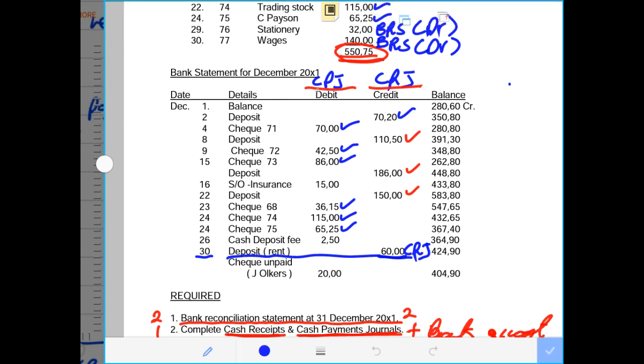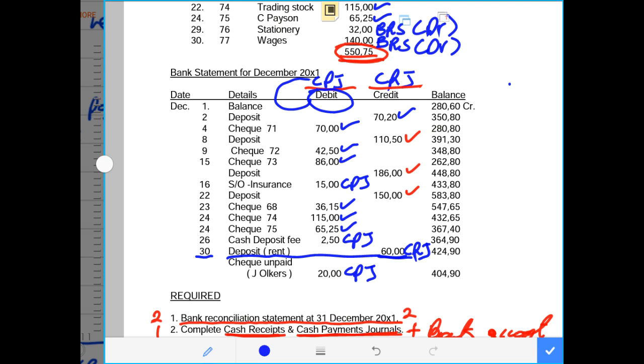Remember, the debit side of the bank statement is the cash payment journal items. So now this amount must go to the cash payment journal unless there are some adjustments or additional information that states otherwise.